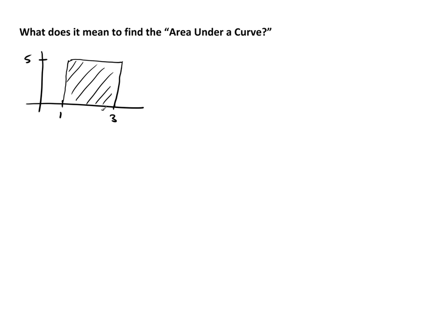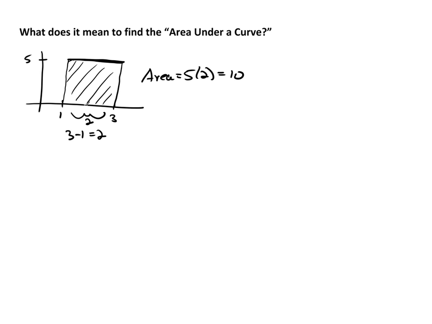And actually, if you take a look at this, 3 minus 1 is 2. So this has a width of 2, it has a height of 5. So the area equals 5 times 2, which is obviously 10. Now, this is a constant function. If I think of it from a to b, of a constant function, that will give me simply a rectangle.